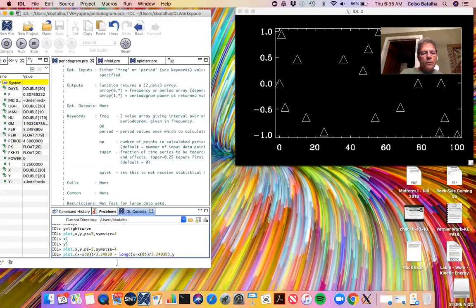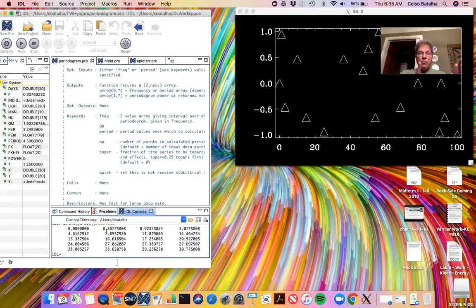In other words, this is just determining where each observing point is within a phase. When we take x minus x0 and divide by the period, we know where the points should be in a phase.